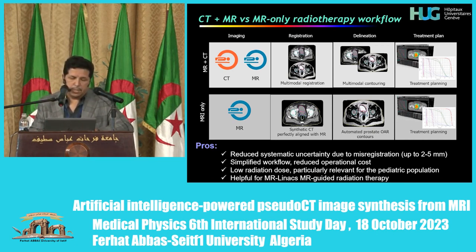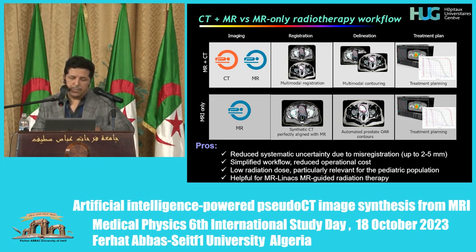So you can easily delineate the rectum and the bladder on the CT, which is good, but it's very difficult to keep the bladder and rectum filling consistent. The same takes place for the GI tract, where you have the stomach and the bowel.